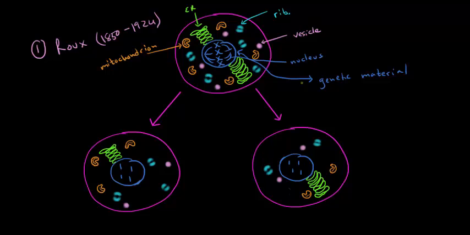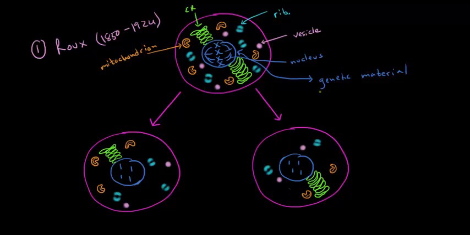And this makes sense because the genetic material or instructions for living is the most important thing that the parent cell has to pass on to the daughter cell. If one of the daughter cells didn't get enough mitochondria, well, that's not so terrible. As long as it has the correct instructions for living, it can make more mitochondria. If one of the cells accidentally didn't get a ribosome, well, if it has the right instructions for living, it can make ribosomes.